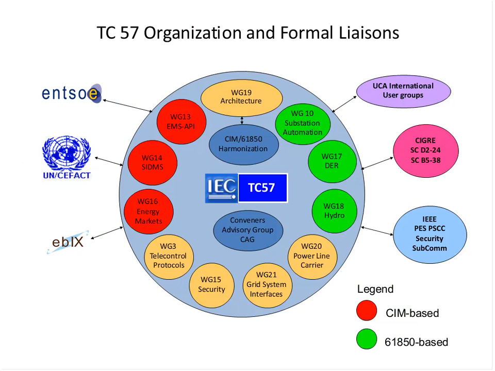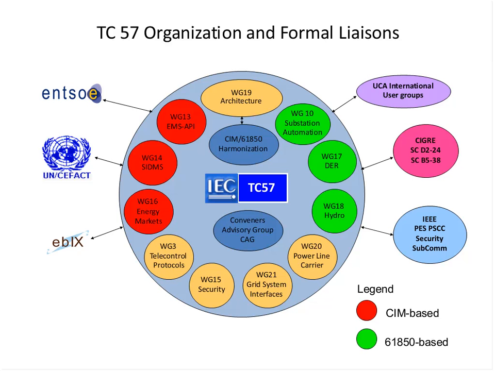Here is a very nice representation, and this I got from the folks over at Extensible. The various working groups within TC57 and what areas they're focused on. So you can see the green circles, they are more focused on the 61850 related protocols.